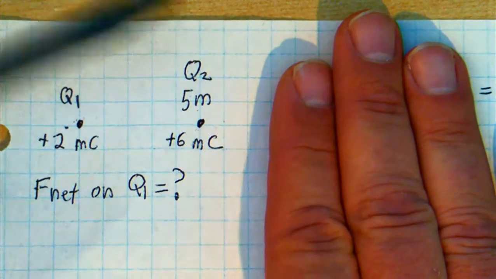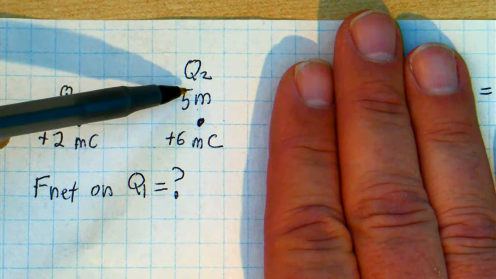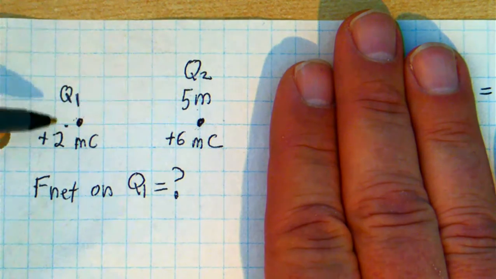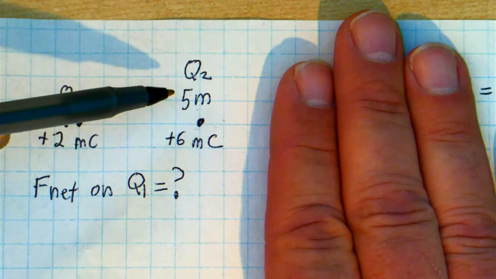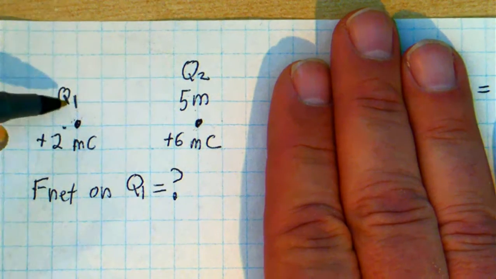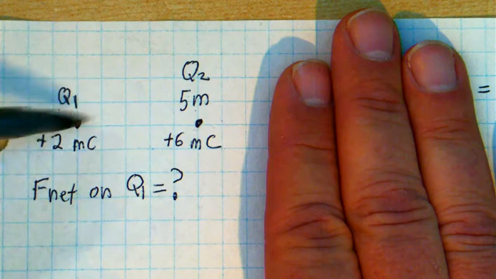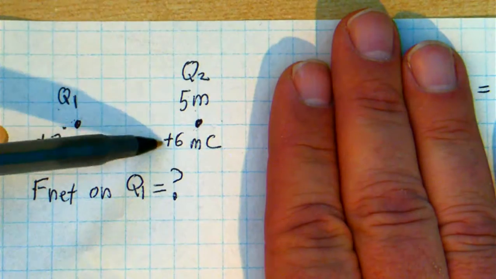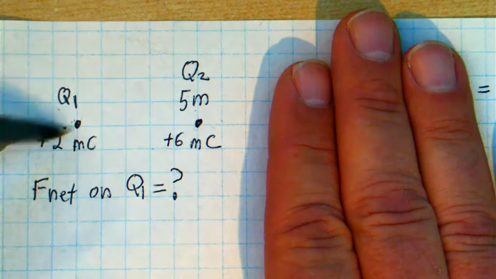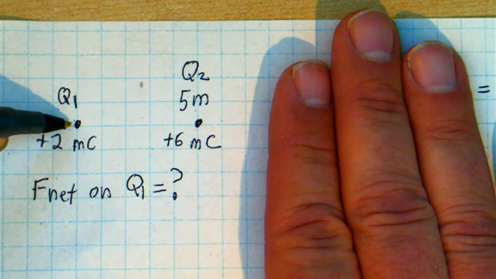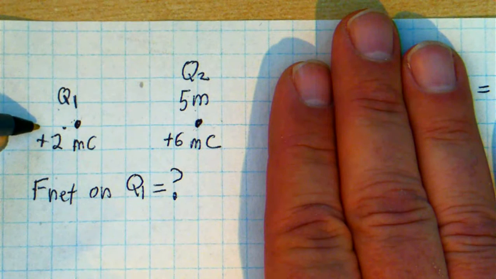So first, I'm going to turn on charge Q2 and plug Q1 and Q2 into Coulomb's law, calculating the force of, in this case, repulsion between these two like charges. That will be the force pushing Q1 to the left away from Q2.